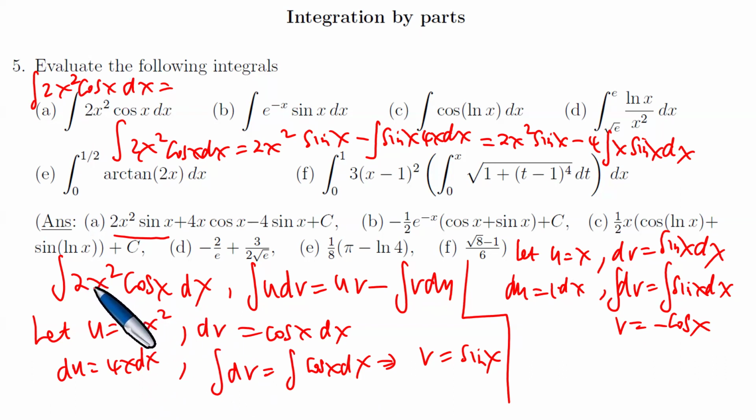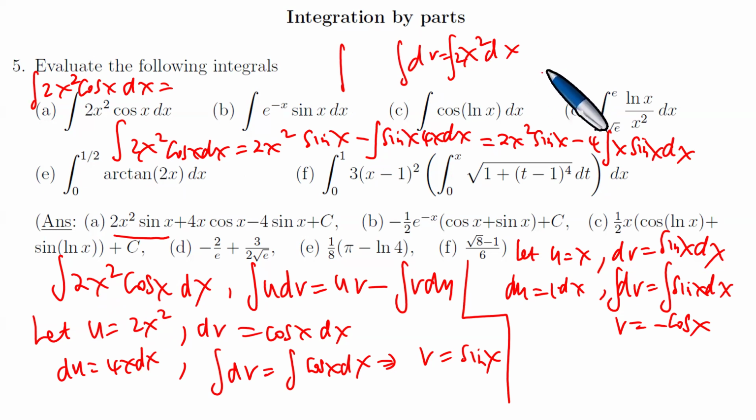The problem with that choice is that the powers are going to increase all the time, because if you integrate 2x squared, it becomes 2x cubed over that, then x to the 4th power over that, x to the 5th power over that. The choice is done to reduce the powers.